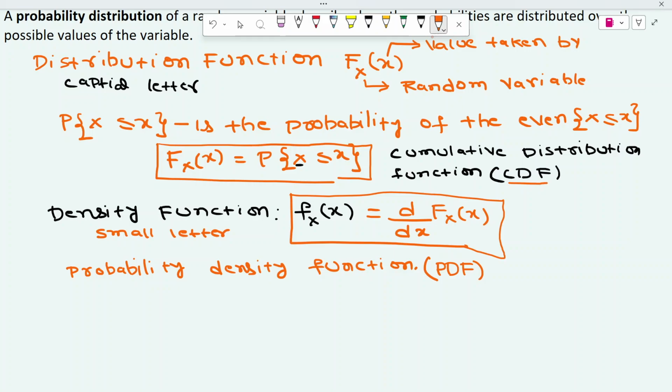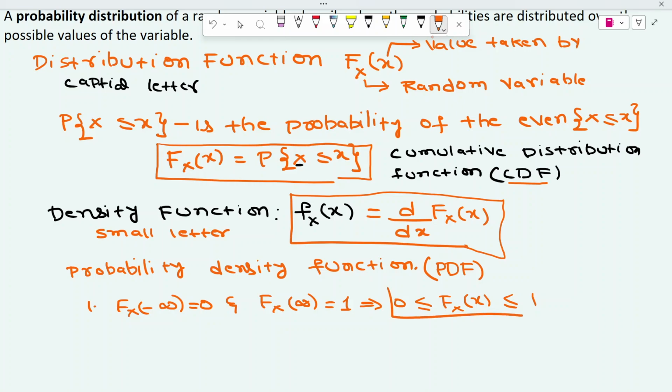There are a few important properties of the distribution function. F_X of minus infinity is always 0, and F_X of infinity is always 1. Therefore the range of values the distribution function can take always lies between 0 and 1. This is a very important property that is useful while solving problems.